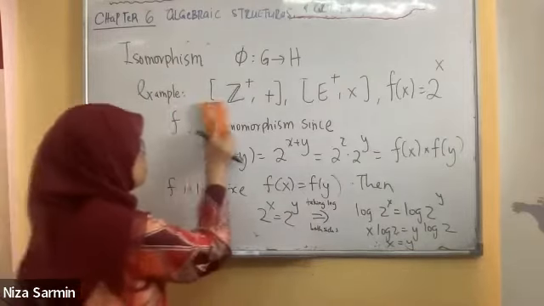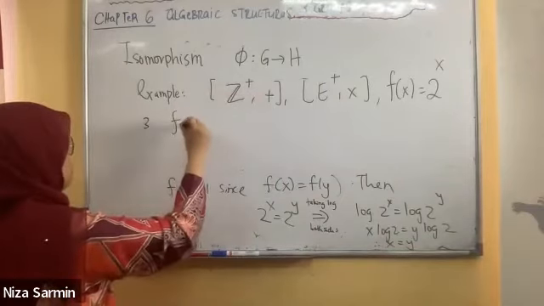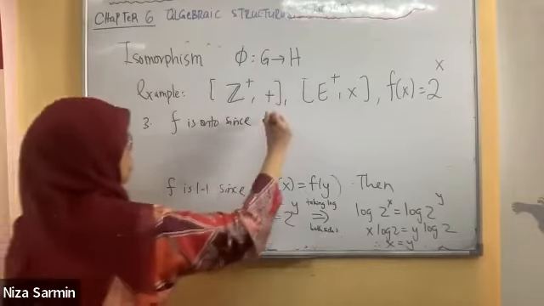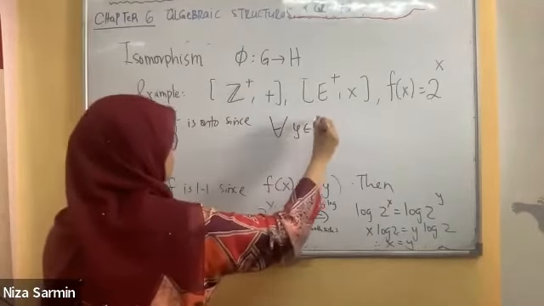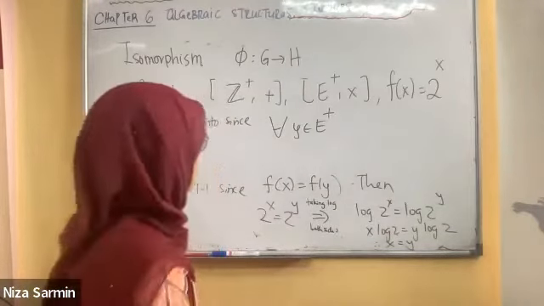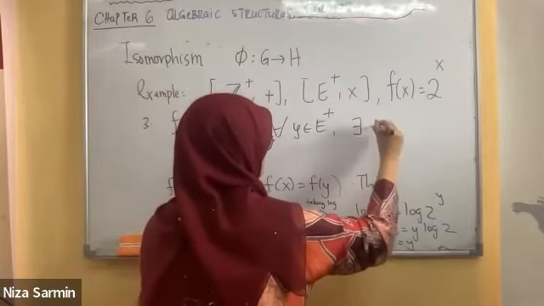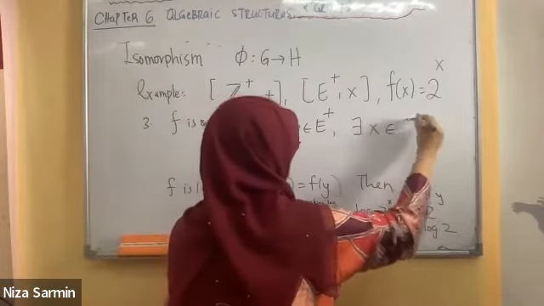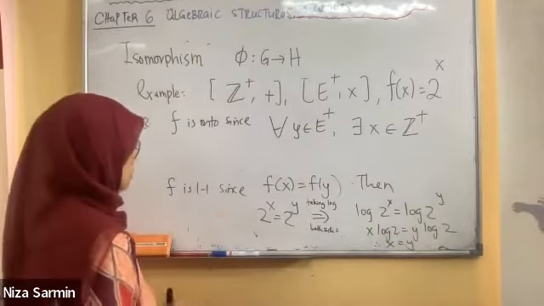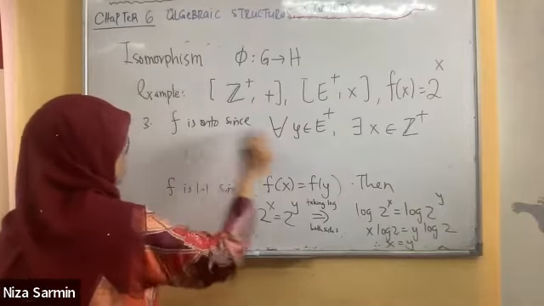Number 3, f is onto, since for all Y in E plus, even number, for all Y in E plus, we want to say there exists X in Z plus. This is what we want to show.